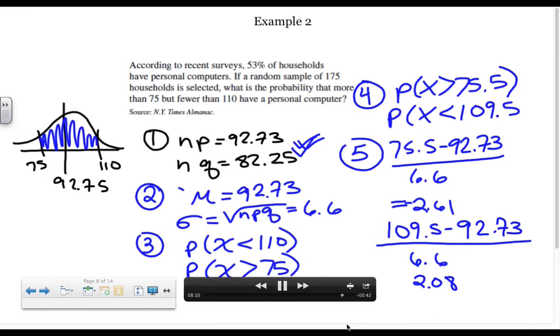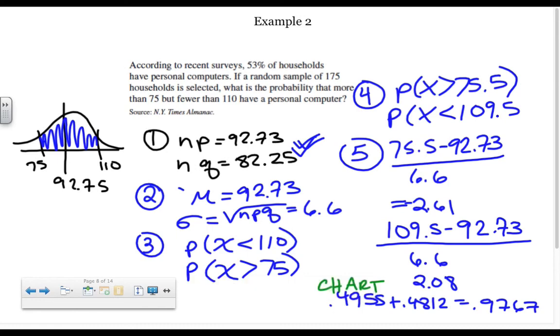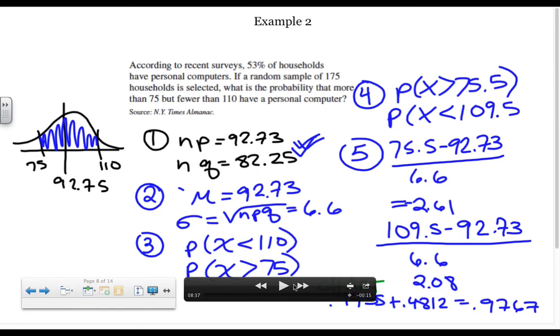So we look up both of these scores in the charts, and because they're one on one side and one on the other, we're going to add them together. So 0.4955 and 0.4812, we add them together and it's 97.67. So the probability that more than 75 but less than 110 households have a personal computer is 97.67%.